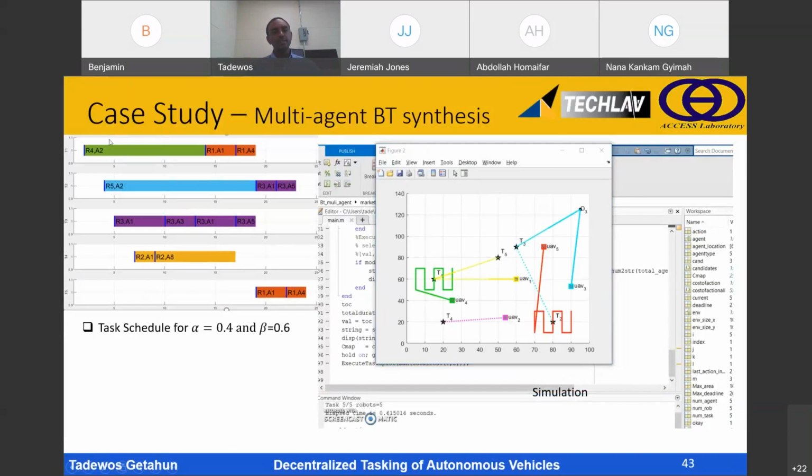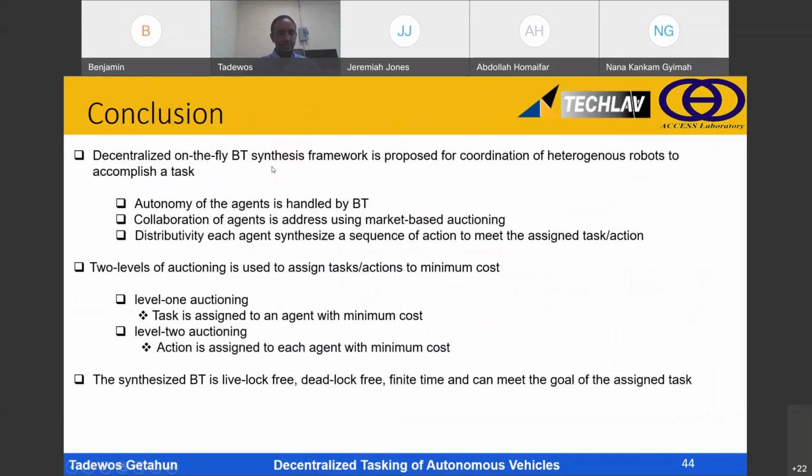So here you can see for task 1, robot 4 is assigned to perform action 2. Robot 1 is assigned to perform action 1, and robot 1 is again assigned to perform action 4. So in conclusion, we provided a decentralized on-the-fly behavior tree synthesis framework for coordination of heterogeneous multi-agent robots.